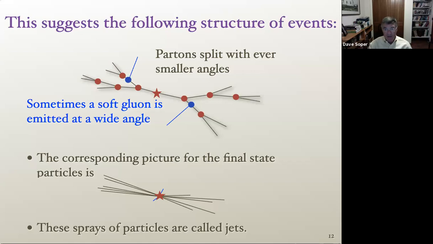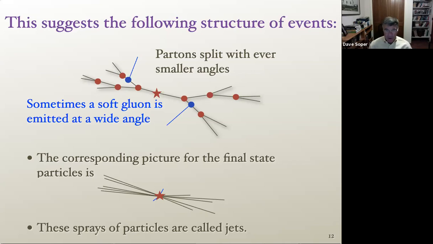Or you can have something, if it's a gluon, that's really soft, that is, its energy is going to 0. So sometimes a soft gluon is emitted not collinear to its parent parton, but it's just soft, indicated with a kind of a wide angle here, or here's another one. So what does that tell you about the structure of the final states?